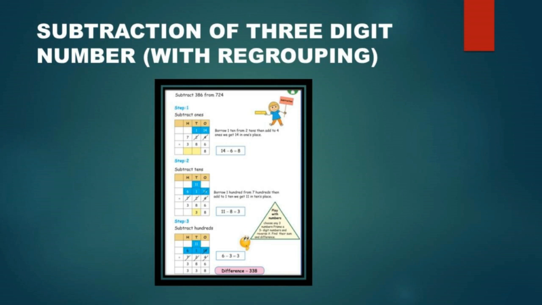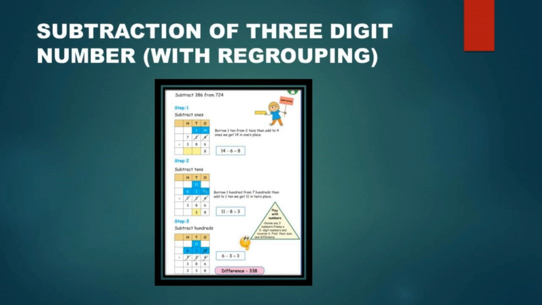Now, we are going to see subtraction of 3-digit numbers with regrouping. Let us see one example for this regrouping. Subtract 386 from 724. You know how to arrange the numbers, no? Yes. Now let us go straight to the subtraction. Step 1. Subtract in ones place.